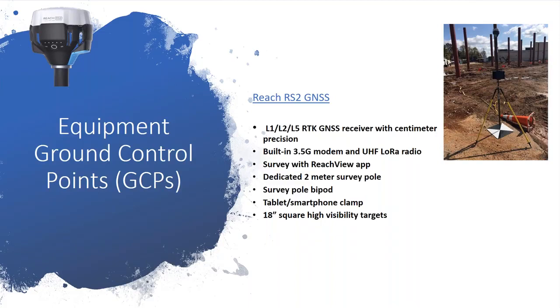We can see these targets as we're flying the mission, so we leave these targets in place after we've surveyed them in, and that gives us tie points that we can use for QA/QCing our data to make sure that everything's where it's supposed to be when we process our images.